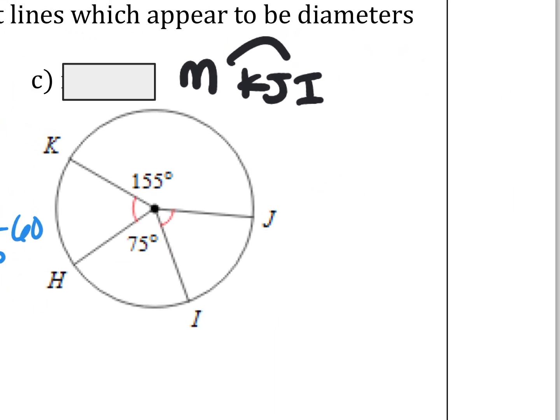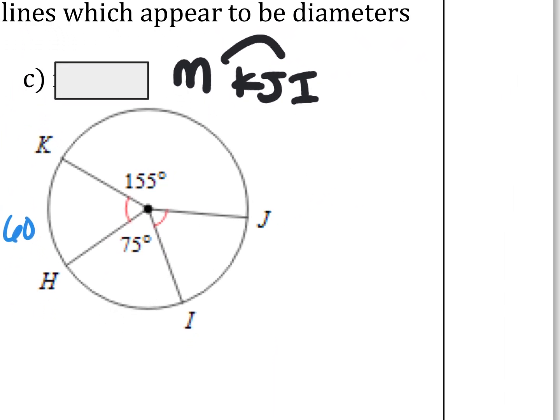Okay, letter C. Here we are asked to find the measurement of arc KJI. Arc KJI, let's mark that. This is going to be K, J, and I. It's quite a big one. Let's see what information has been given to us. I can see a central angle here, which is 155. It means the measurement of arc KJ is equal to 155 degrees also, because of the central angle theorem.